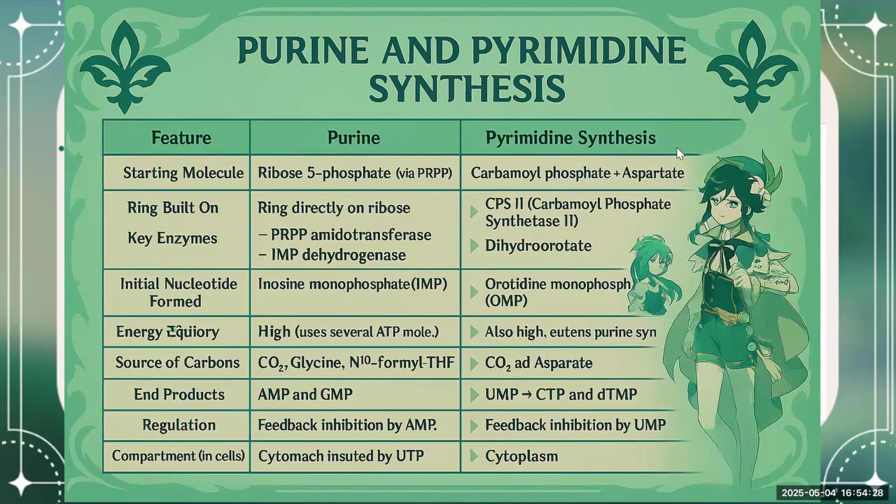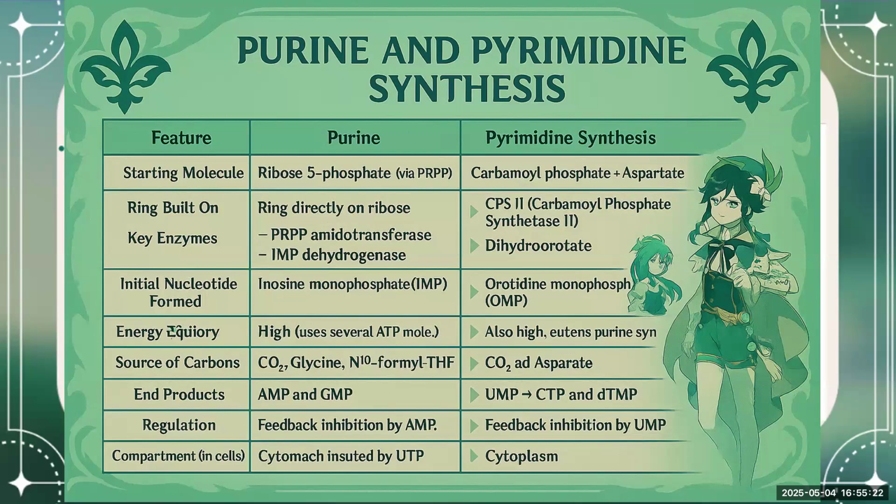And then you have pyrimidine synthesis. In pyrimidine synthesis, the ring is made first, and eventually you form carbamoyl phosphate through carbamoyl phosphate synthetase II.